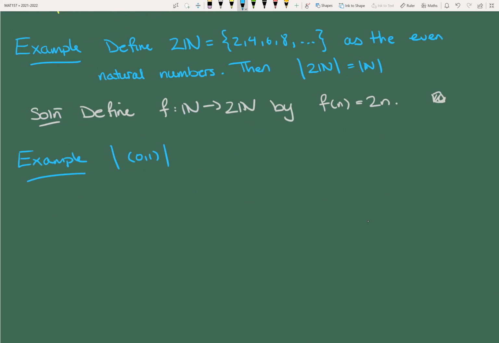So by this, I mean the interval 0, 1 in the real numbers. So the interval 0, 1 has the same cardinality as the real numbers. Anyone have a bijection for me?